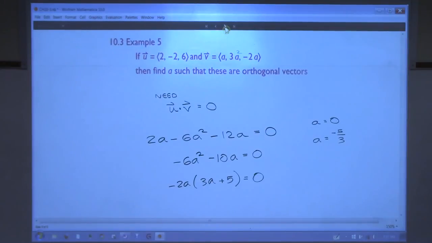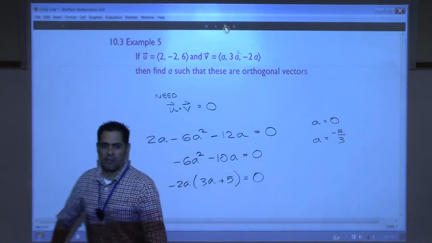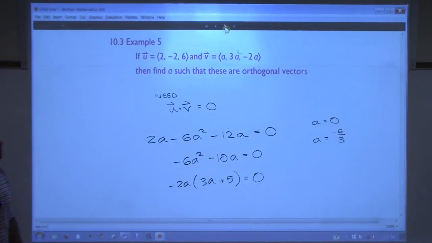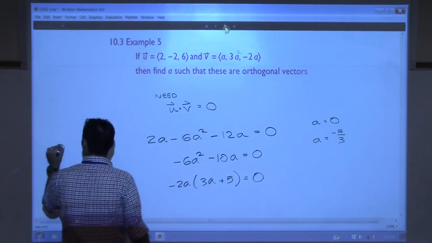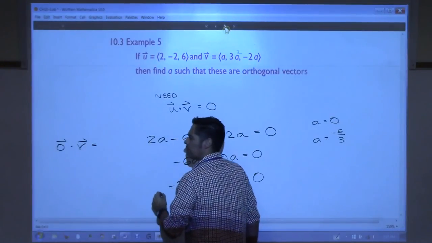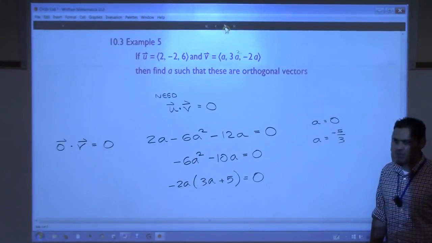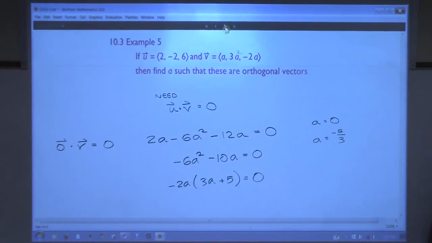All right, so let's look at A is 0 first. If A is 0, then V is a 0 vector, right? And if you dot the 0 vector with anything, you're going to get 0, right? That's weird. Think about that. The 0 vector dotted with any vector should be what? 0. That means that the 0 vector is orthogonal to every vector, right?